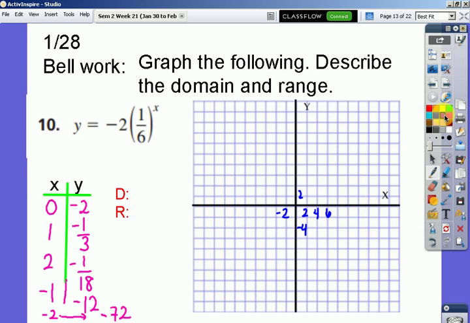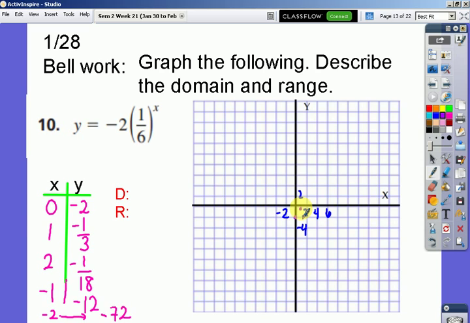Okay, so I'm just graphing a few points on either side of my axis so that I know that my scale is by 2s here. So 0, -2 is going to be right here. 1, -1/3. So 1 would be halfway, so about here or so. 2, -1/18.